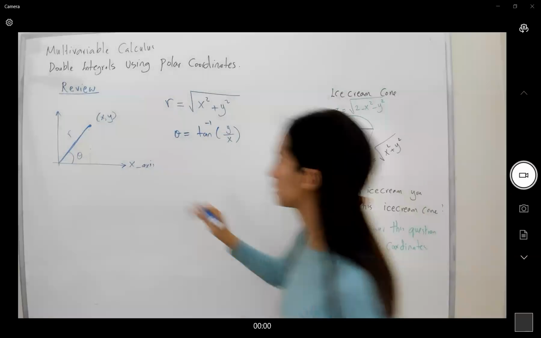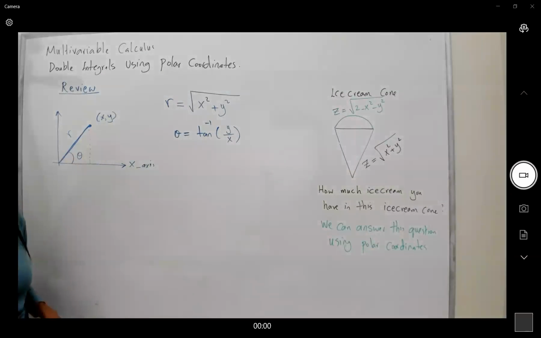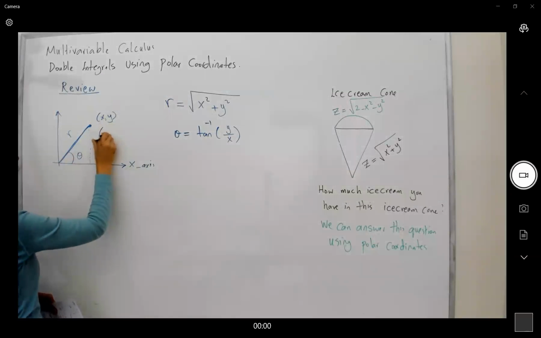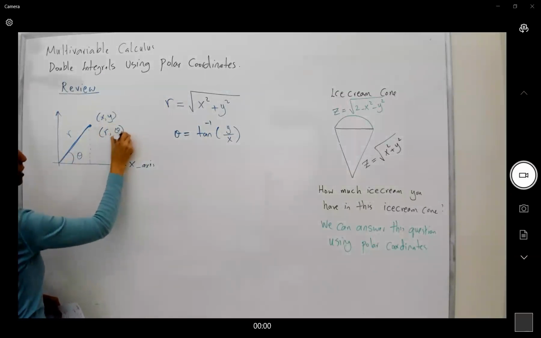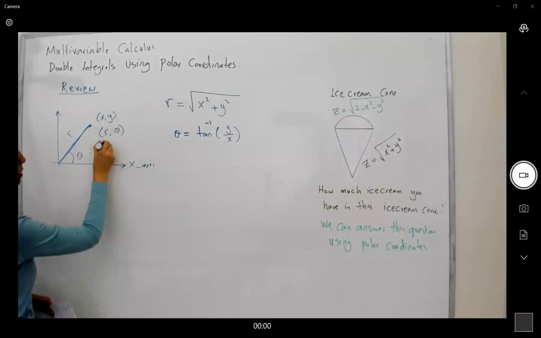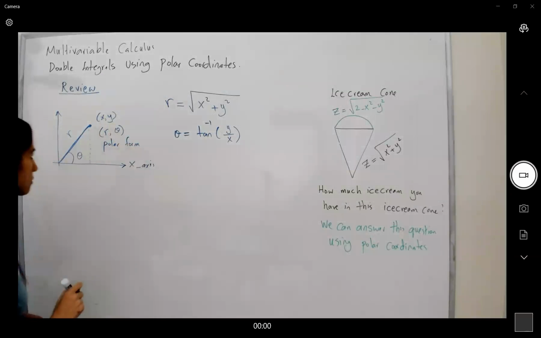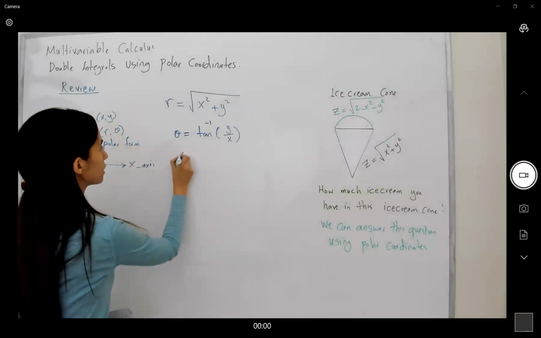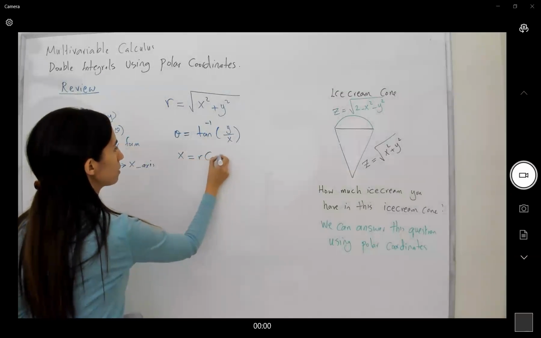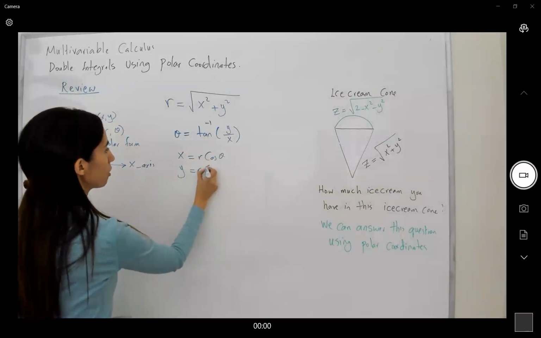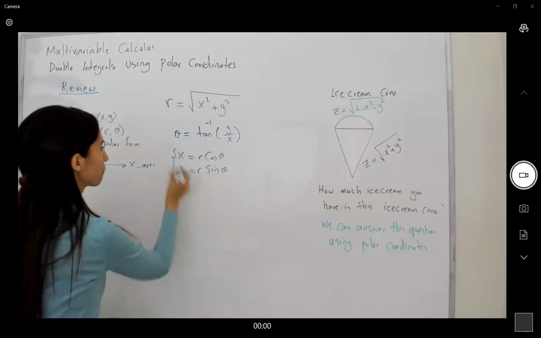Remember that this point in rectangular coordinates can be defined by r and theta in polar form. Remember that x is defined as r cosine theta and y is defined as r sine theta.